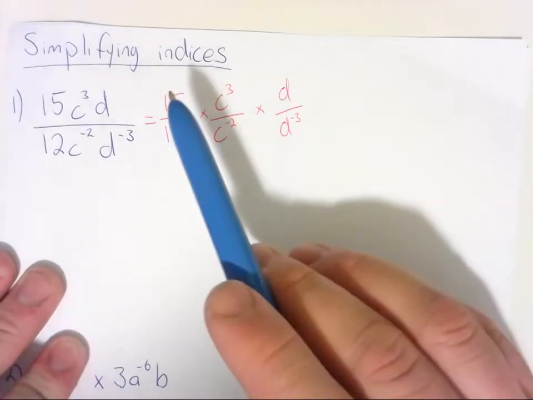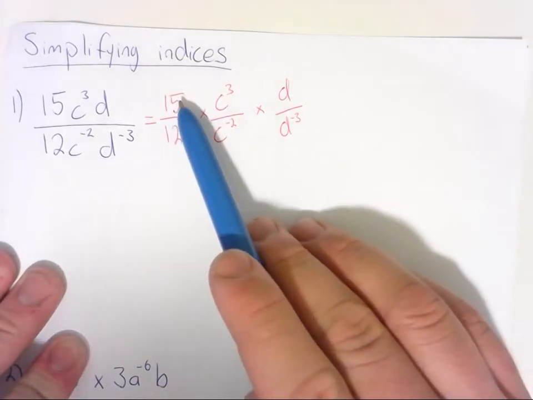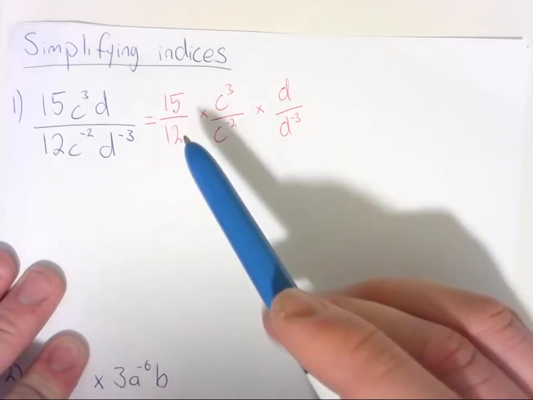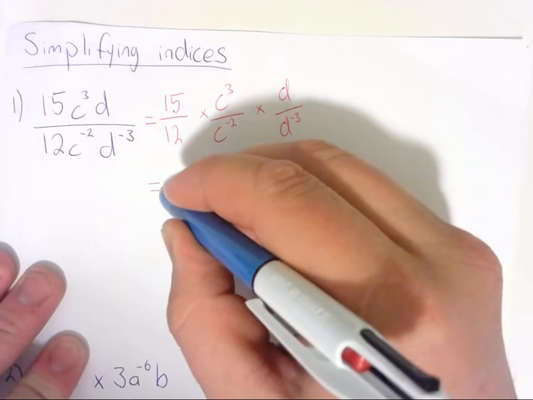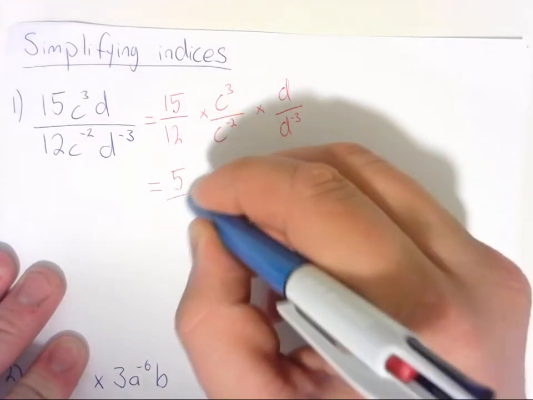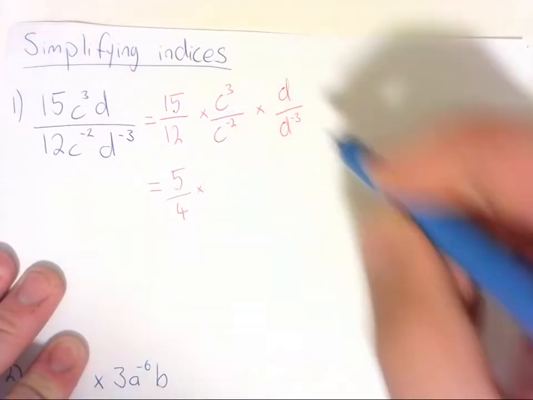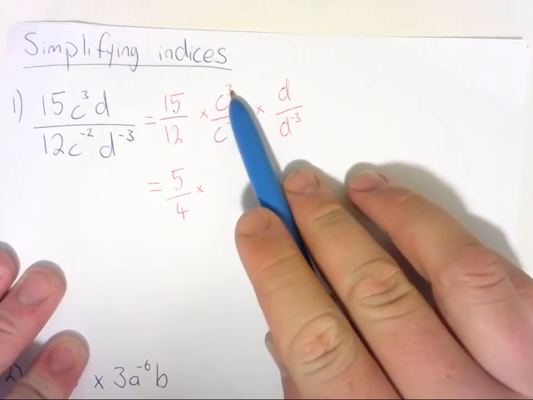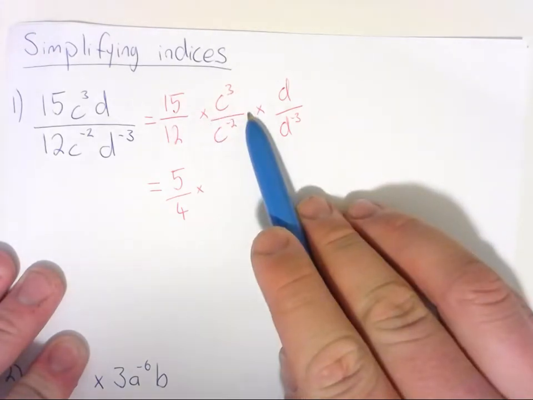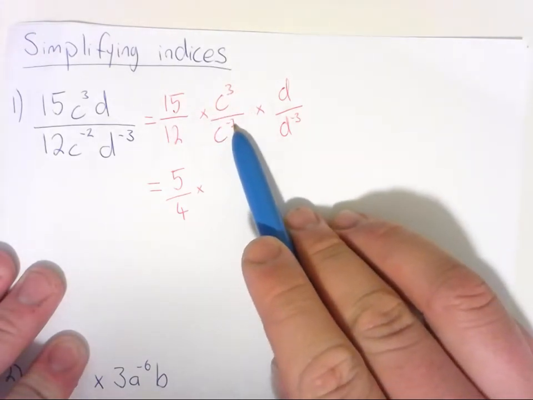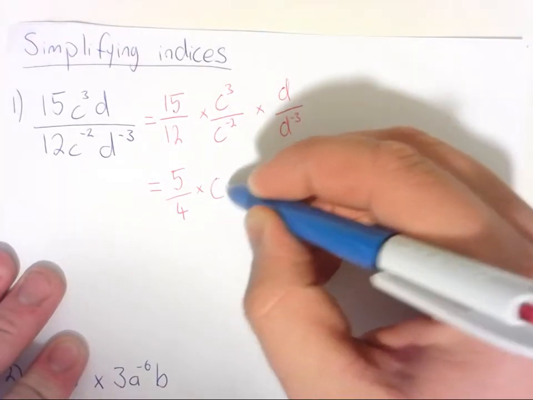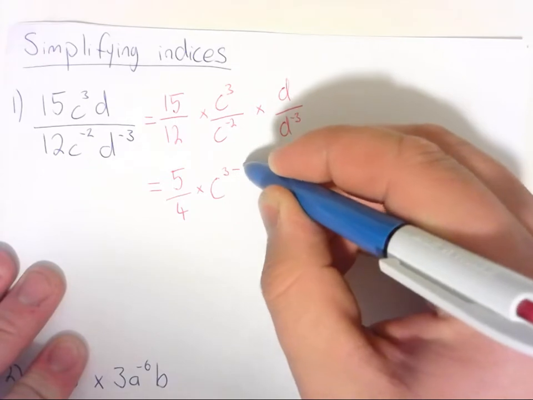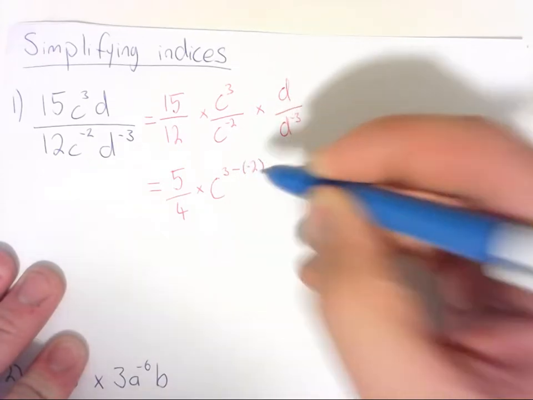I know that 3 goes into both 15 and 12, so that becomes 5 on 4. Now c to the power of 3 divided by c to the power of negative 2 becomes c to the 3 subtract negative 2.